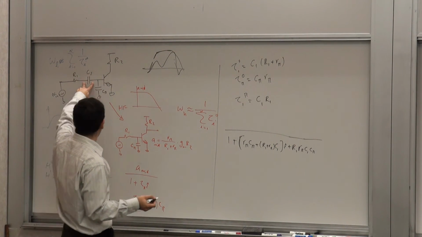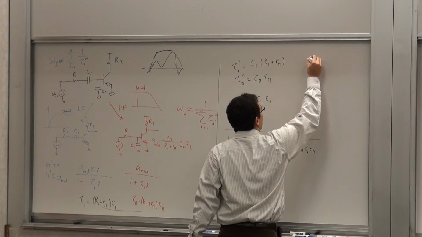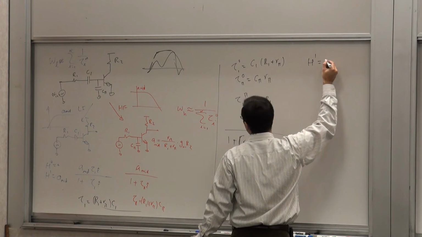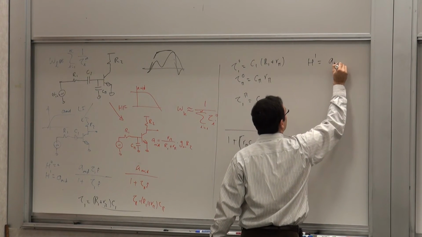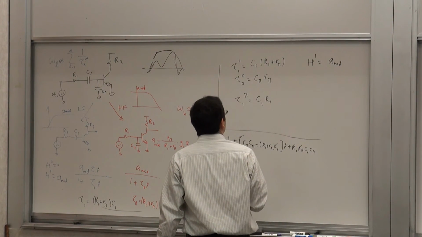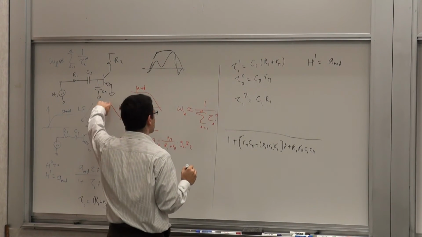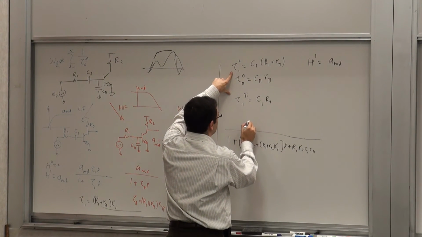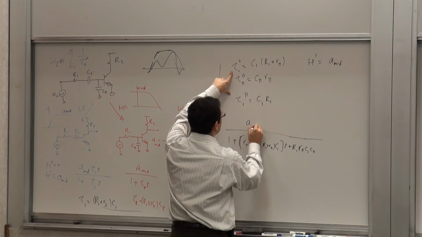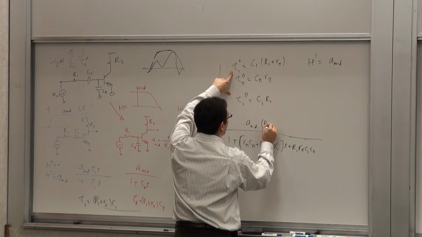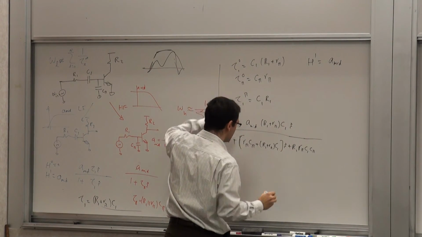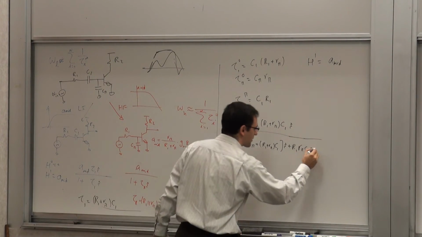So the only one that's non-zero is H1, right? Then I have H1 times tau 1, 0. So it's A min times R1 plus R pi. This part doesn't matter really. But let's keep it. So that's the transfer function with S.